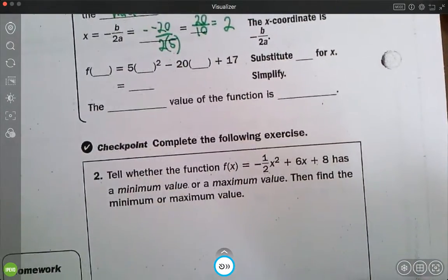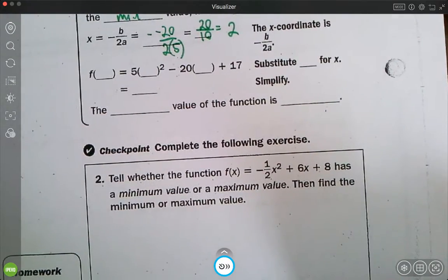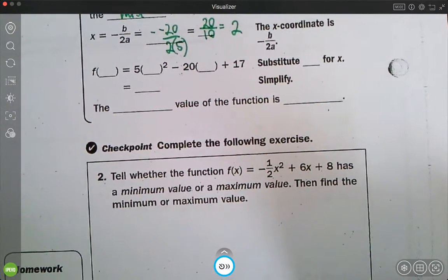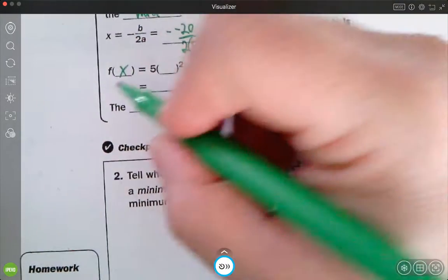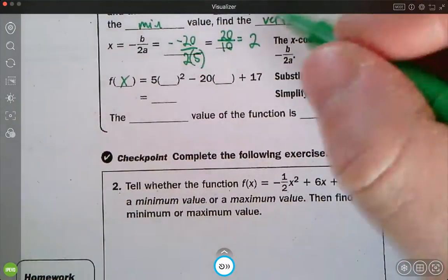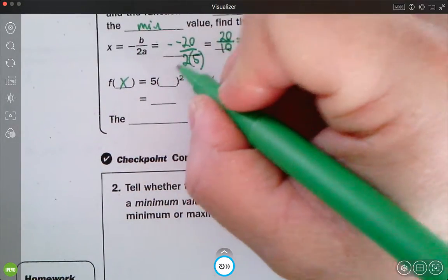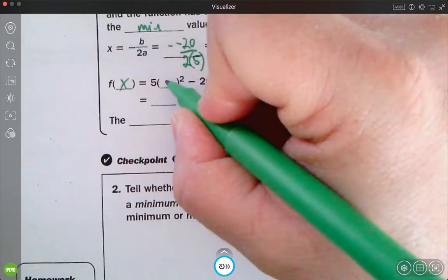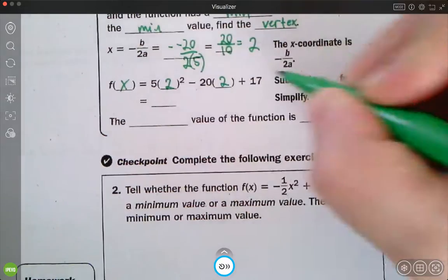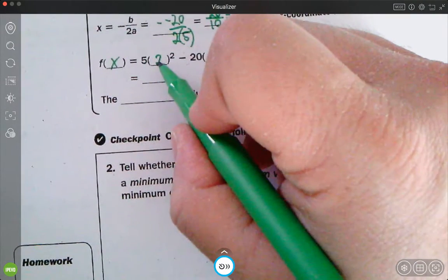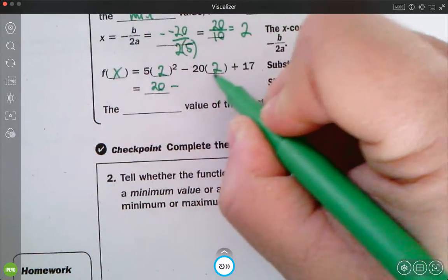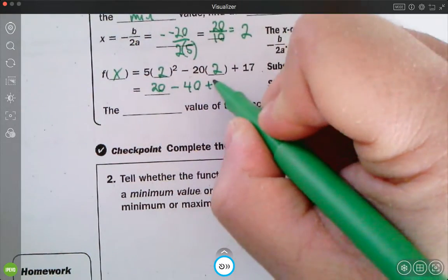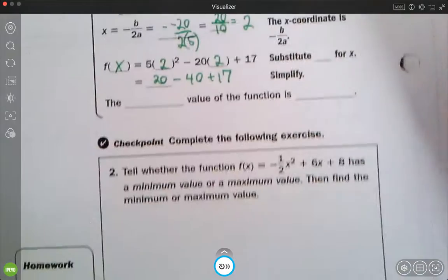All right, so to actually get the vertex, I'm going to plug into my f of x, which is the same thing as, remember, f of x is the same thing as y. So I'm going to plug in 2 to all my x's. 2 squared is 4, and 4 times 5 is 20, minus 40, plus 17.